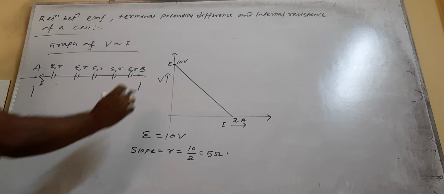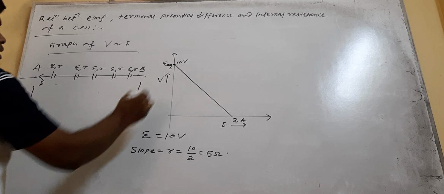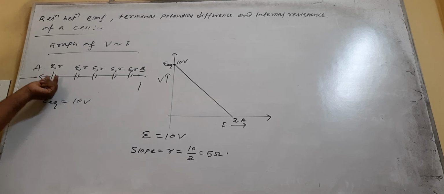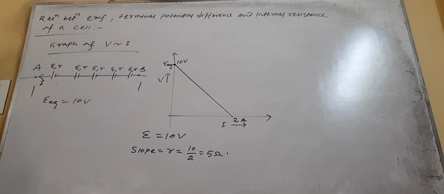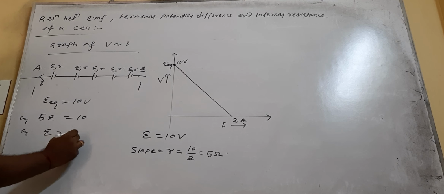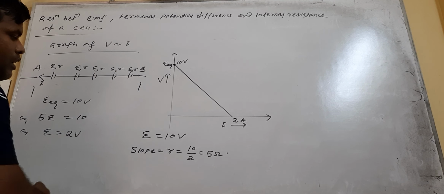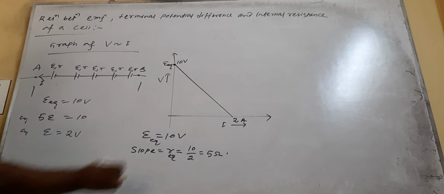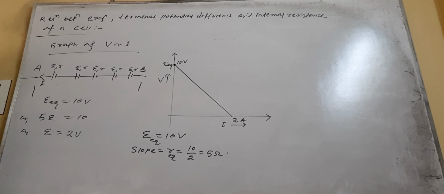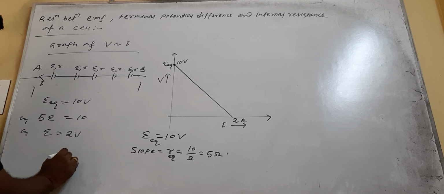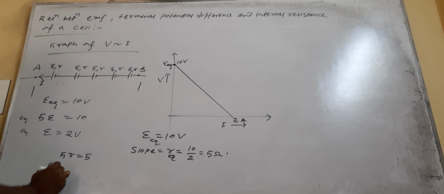So definitely it will be E equivalent. E equivalent you got is 10 volt, as here there are 5 cells. So E + E + E + E + E is 5E. 5E is your 10, or E = 2 volt. Similarly, R equivalent, internal resistance equivalent, is 5 ohm. Here there are 5 internal resistances connected in series, so it is 5r. 5r = 5, or r = 1 ohm.